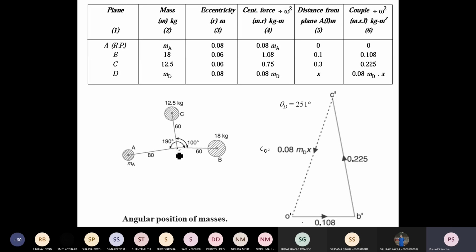Use your roller scale, keep it parallel to this vector, or if you have a set square, you can use that. If you don't have anything, just measure this angle and construct a line parallel to O dash C dash.